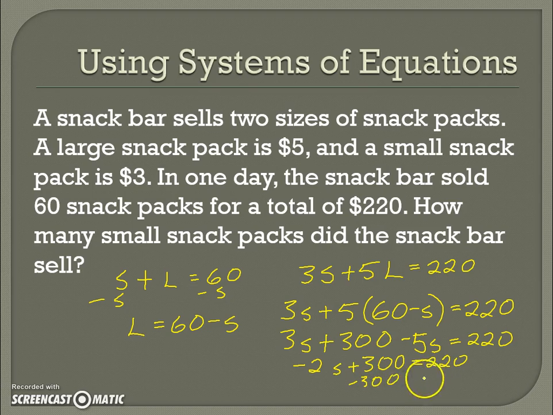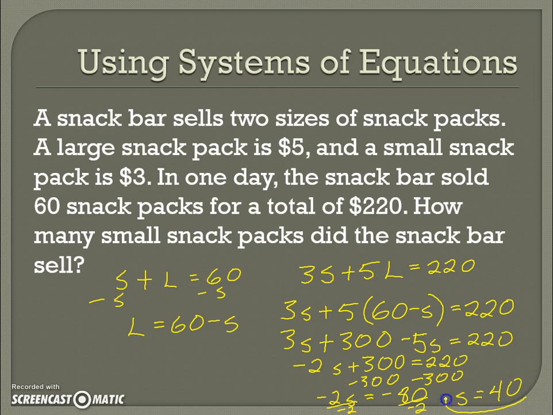Subtract 300, I'm going to run out of room here. Negative 2S equals negative 80. And then I'll divide by negative 2. I know that's really tiny, but you guys have good eyes. You're young. S equals 40.